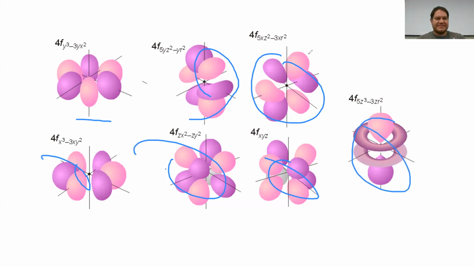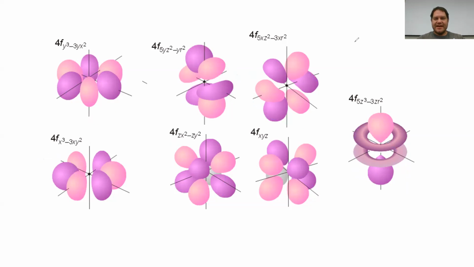So you have 7 f orbitals. Each of them can have 2 electrons in them, just like any other orbital.